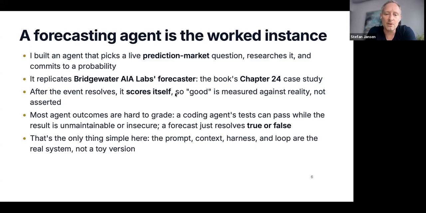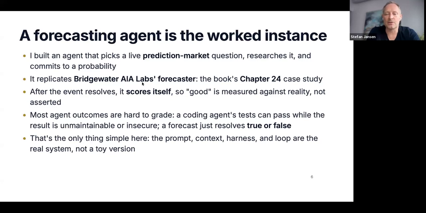What is also useful about having a forecasting agent as a specific example is that we actually get a clear result that we can measure. There's a prediction that we can measure against actuals. Usually agent evaluation is notoriously extremely difficult because many agents produce output that is at best something you can evaluate qualitatively.